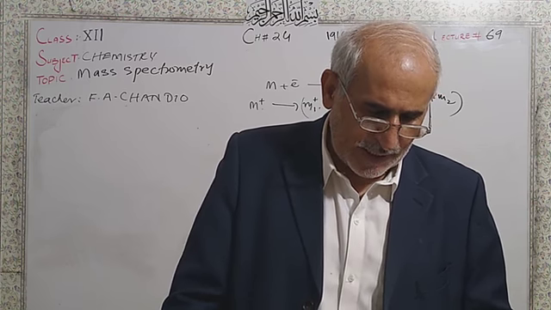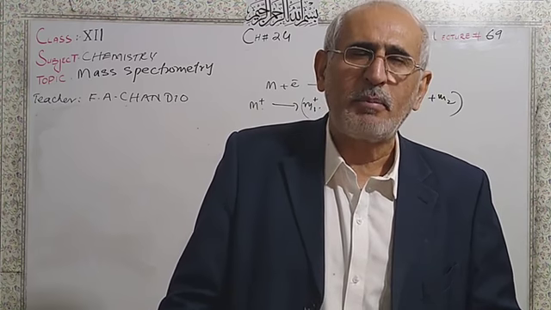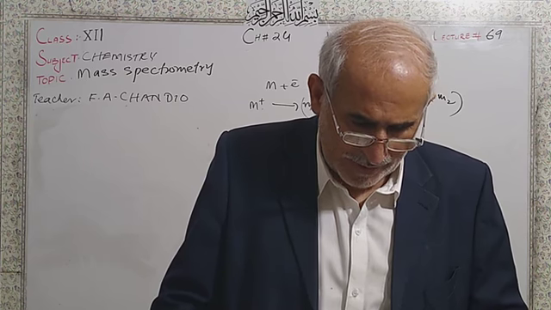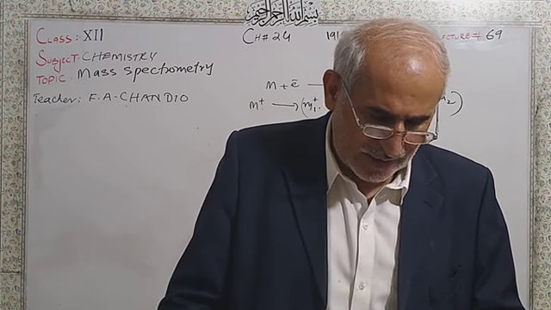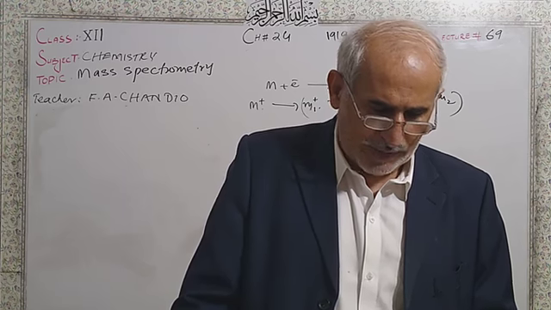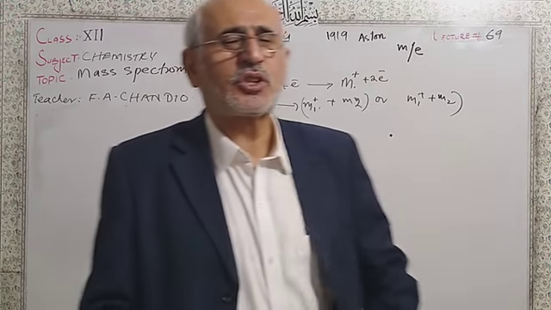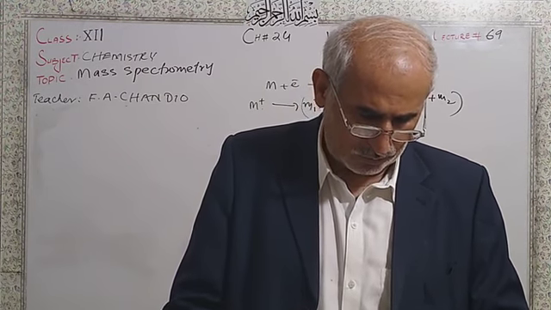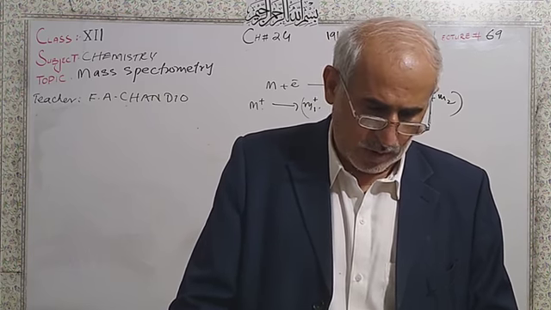The ions are directed into an analyzer tube surrounded by a powerful magnet. The magnet deflects the ions from their original path, causing them to adopt a circular path, the radius of which depends upon the mass to charge value. Mass to charge value, the m over e value.